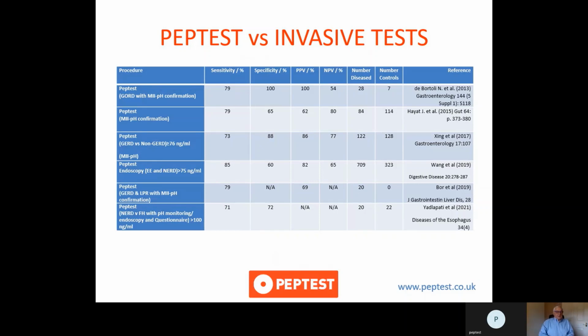Obviously it's also much quicker. You can get a result for pepsin in your clinical sample within 15-20 minutes using PEPTEST, whereas with the invasive tests you have to wait at least 24 to 48 hours, if not longer, to get some sort of result.